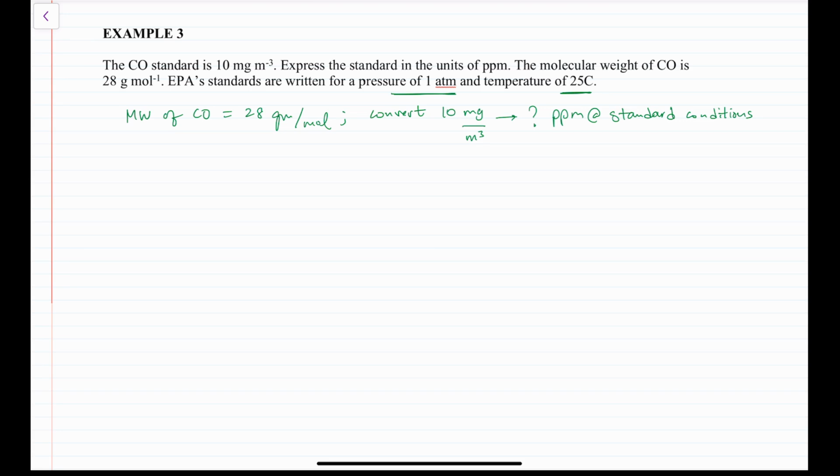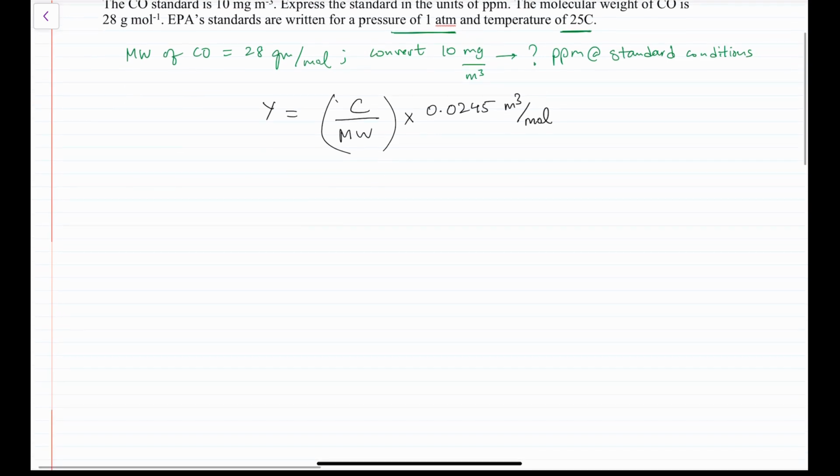So let's recall our formula that we just learned. Y is equal to C over MW, and since this is standard conditions, I can write 0.0245 meter cube per mole. So okay, let's substitute all of these in here.